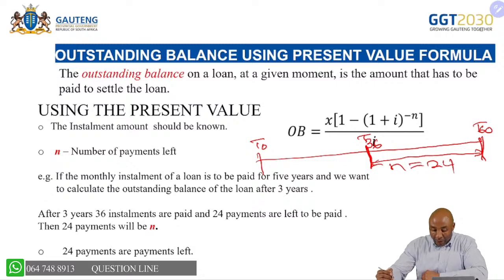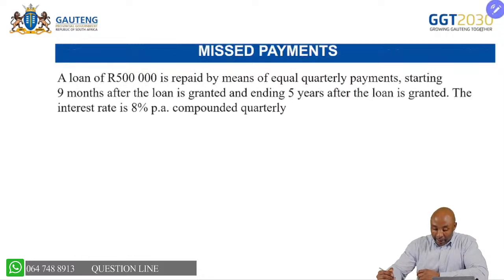Now, we will use this information to answer questions, and we are going to start by answering that question. I'll give you 2 minutes, you attempt that question because we have talked about missed payments.